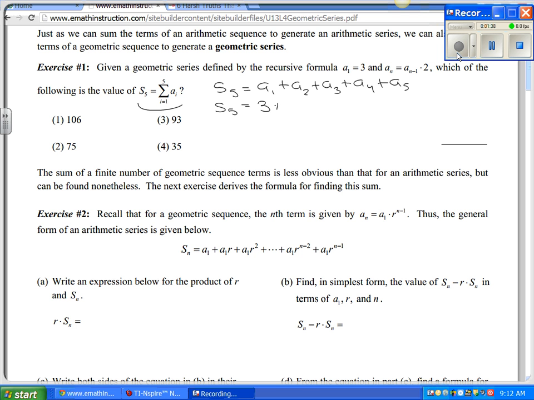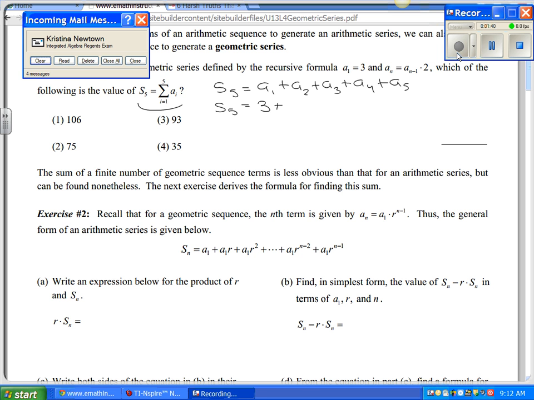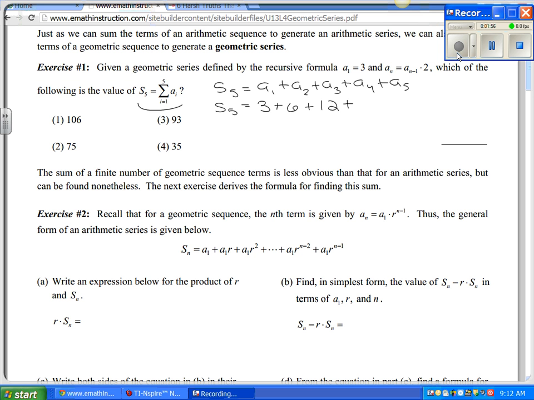A sub 2 is a sub 1 times the common ratio. What's the common ratio? 2. So what's a sub 2? 6. Plus, what's a sub 3? 12. What am I doing? Good, a sub 4 and a sub 5. Good. And then all I need to do is what? And you get? Good.